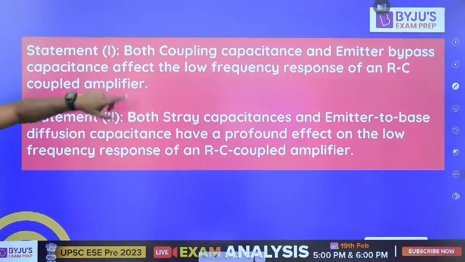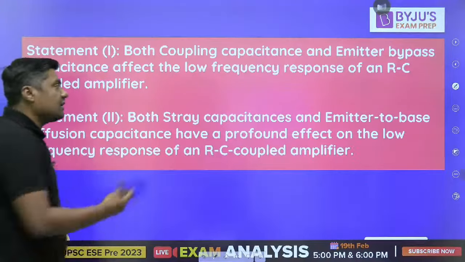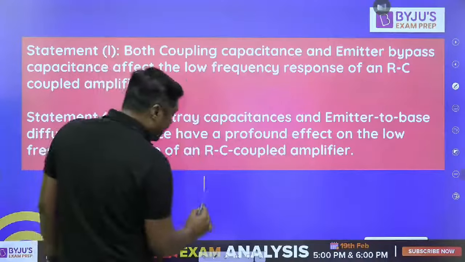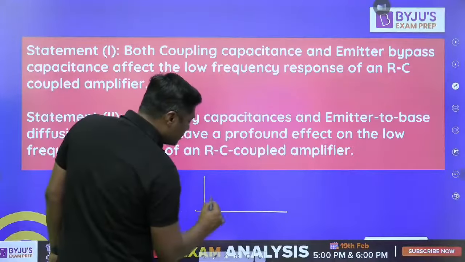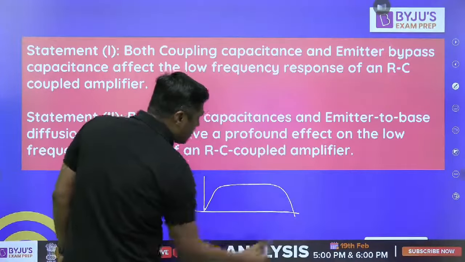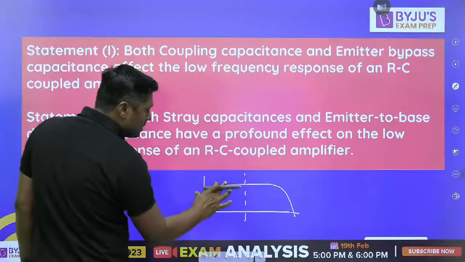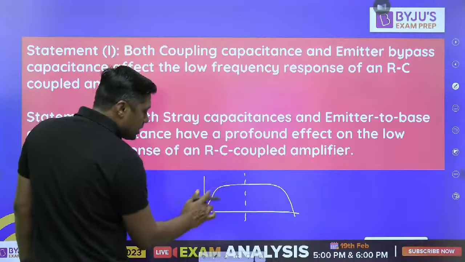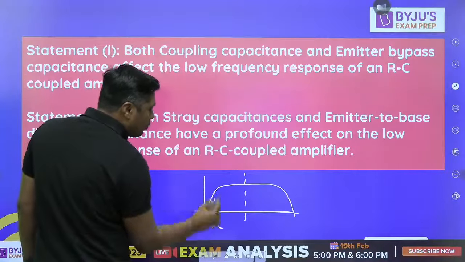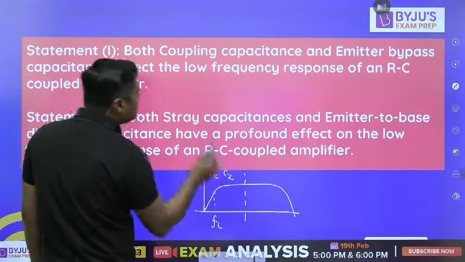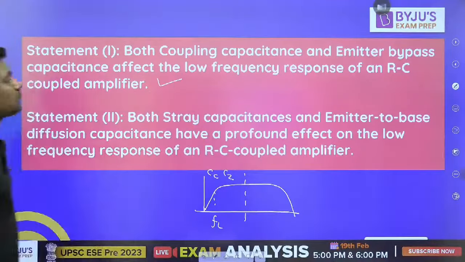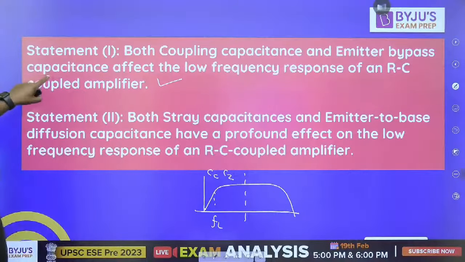Now read this point. Both the coupling capacitance and emitter bypass capacitance affect the low frequency response of an RC coupled amplifier. If you have the idea, then you can say this is the RC coupled amplifier response. This is the lower side. It is affected due to the coupling capacitor and bypass capacitor, which means this statement is right.